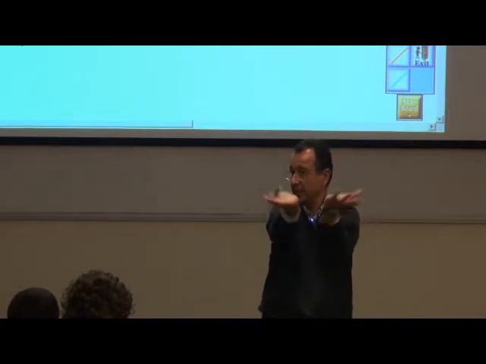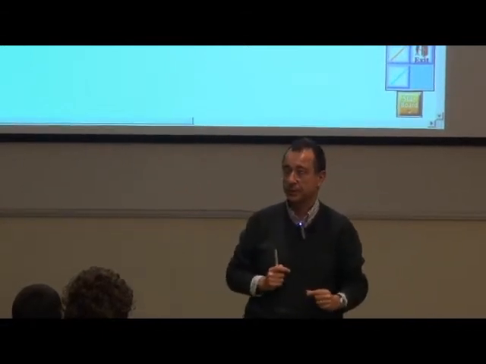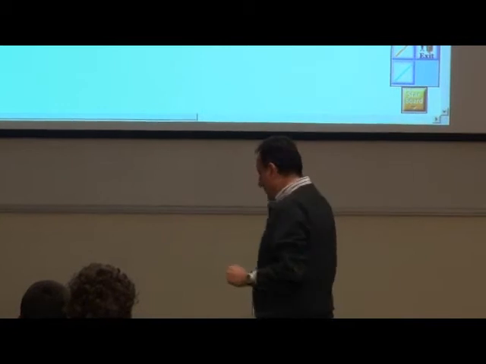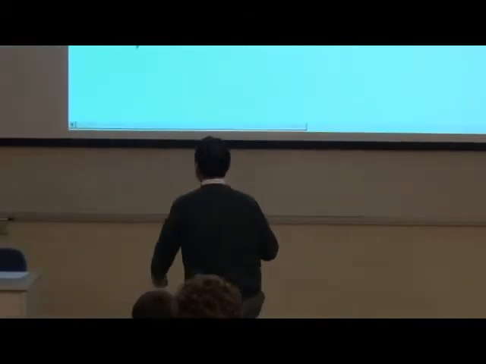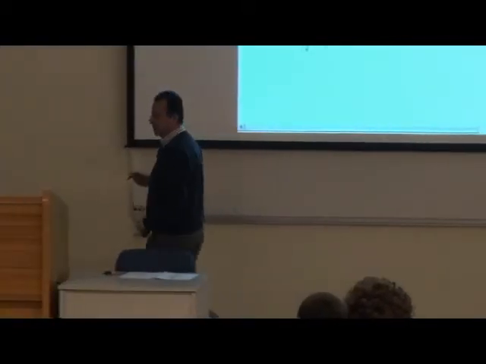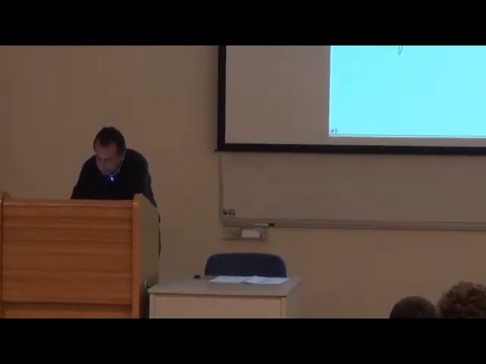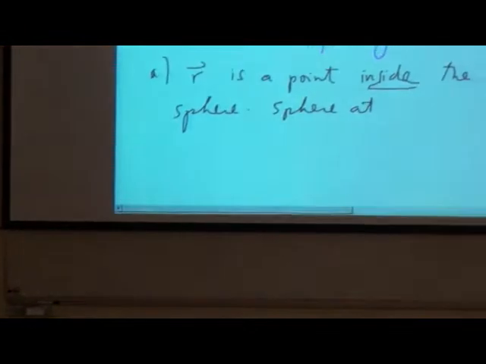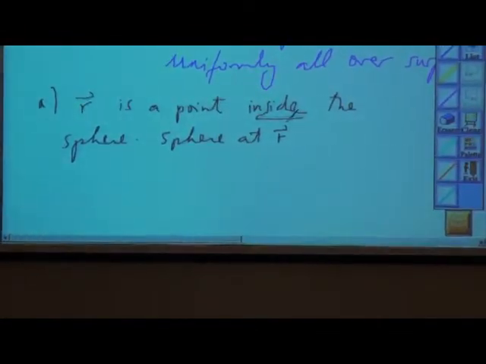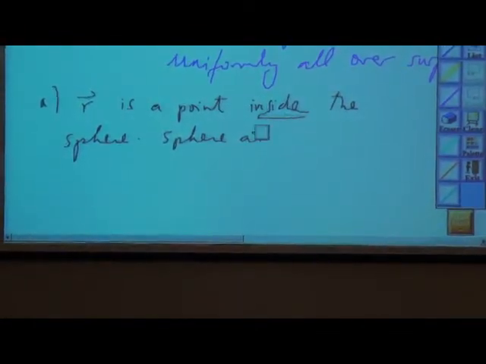Okay, it's a sphere, 3 dimensions. It's a spherical surface. So let me show the spherical surface. I have a sphere of radius little r, which contains my point.